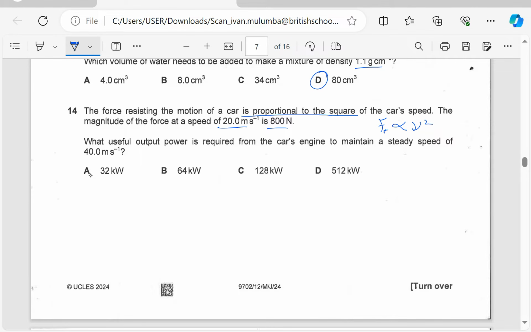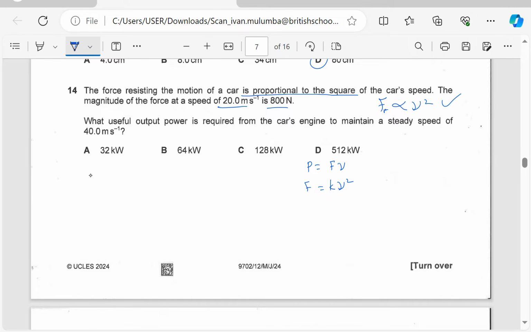So we know that power is equal to force times velocity, but the force is equal to a constant times v squared as given by the relationship. So for the first one, we have 800 newtons equals a constant times 20 squared. For the second one, we want to find the second force.